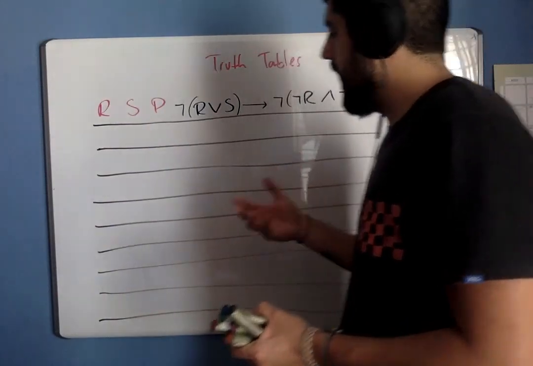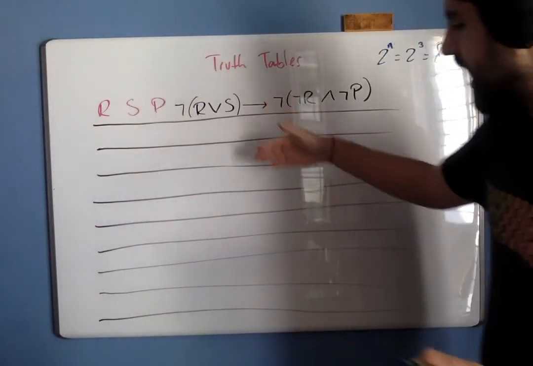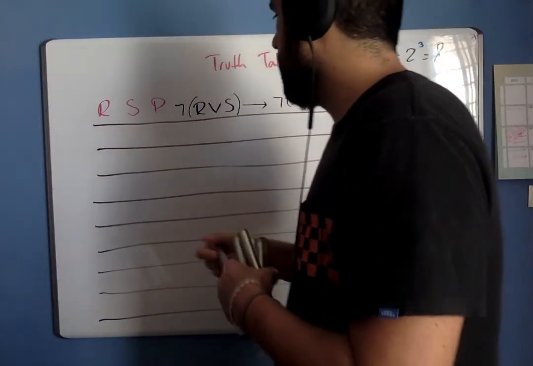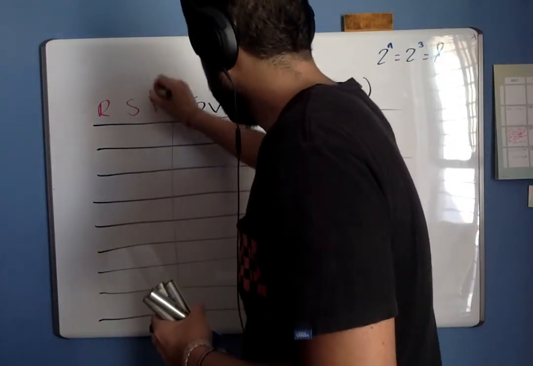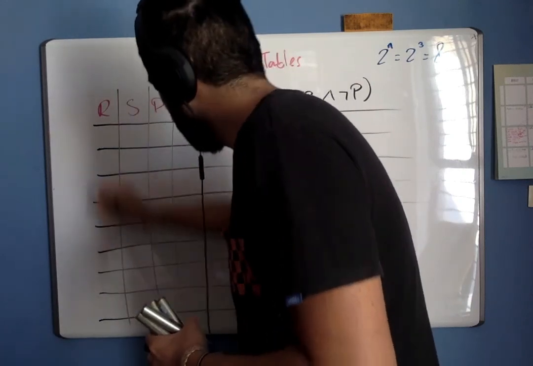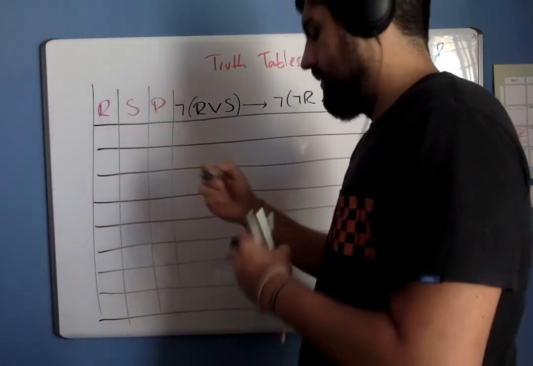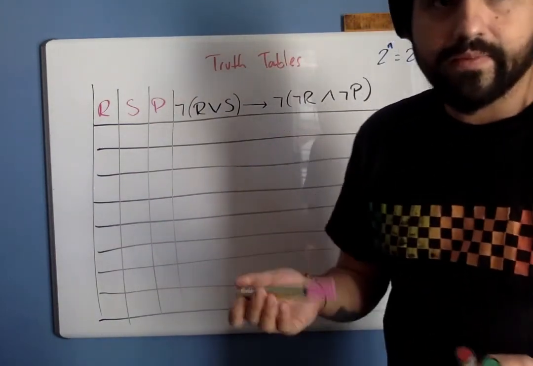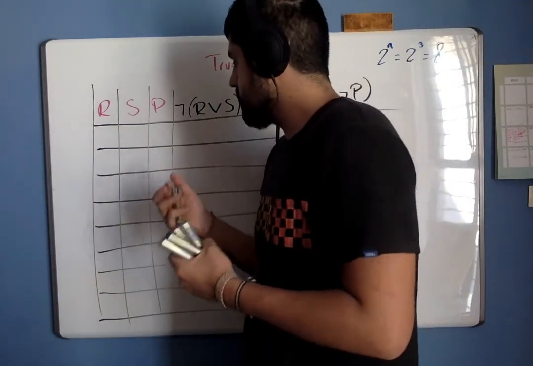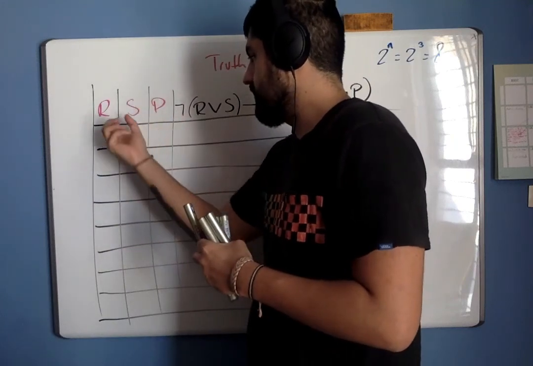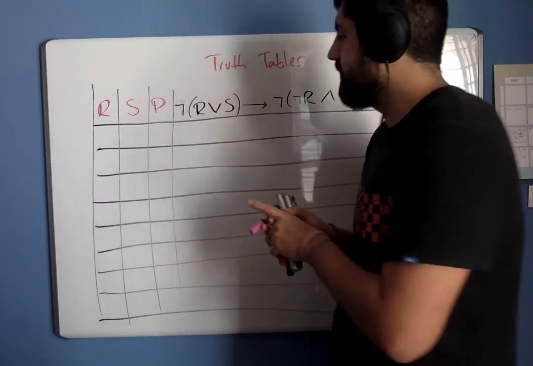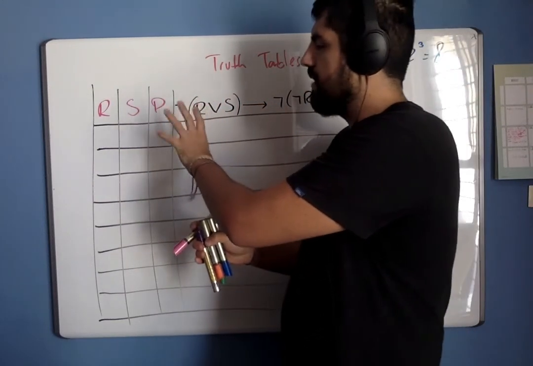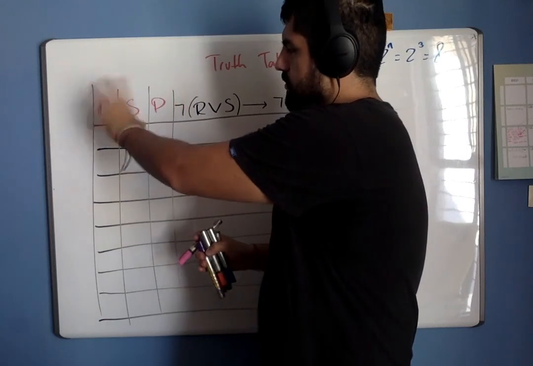So once we have the 8 lines determined by the formula that we already know, we can complete the variable combination area. We have this left part, and remember that for the variable combination area we have 3 variables, R, S, P. Imagine that we are only paying attention to this part.